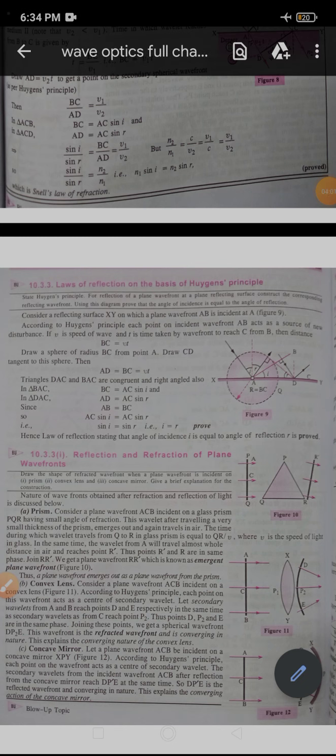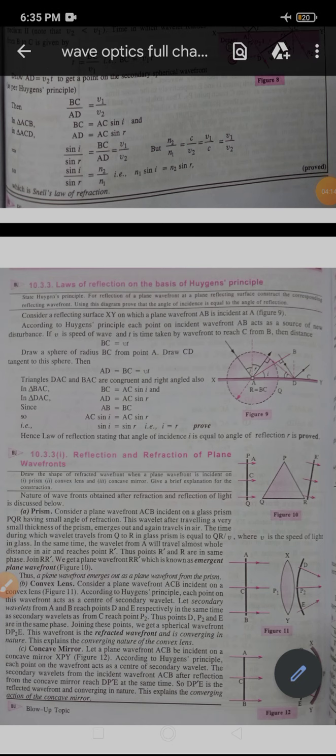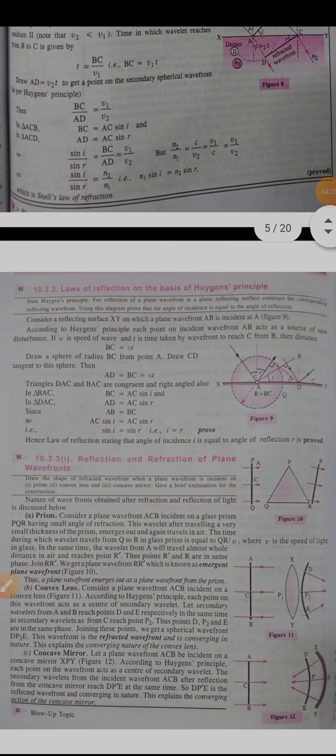So now draw a sphere of radius BC, that is v into t, from the point A. And next draw the tangent to this plane. We are drawing the tangents. See here, this red line indicates the tangent drawn at one point of that sphere. So we get that AD is equal to BC is equal to v into t.